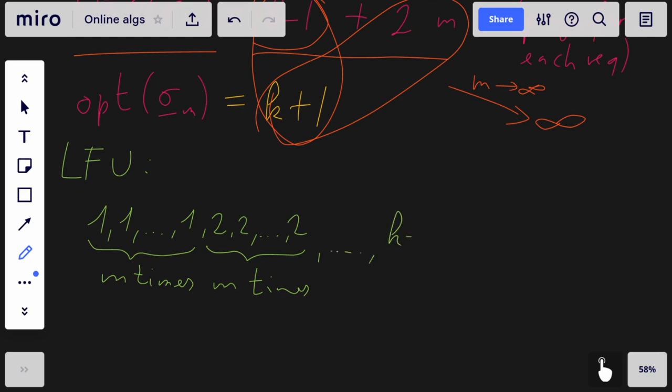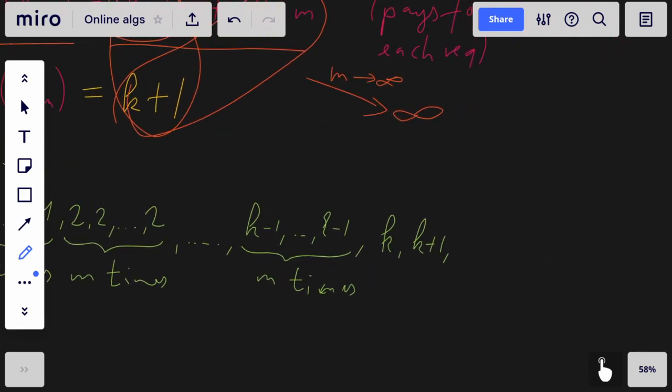And k minus 1 is also loaded m times, accessed m times, and loaded once, of course. So at this point, each of these guys has a frequency of m, and then k arrives, and then k plus 1 arrives, okay, and then k arrives, and then k plus 1 arrives, and so on.